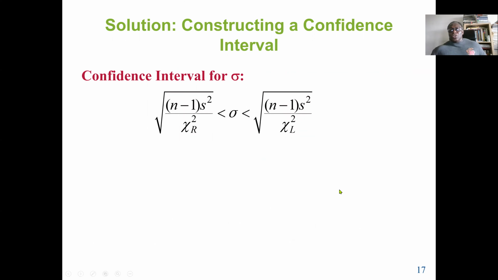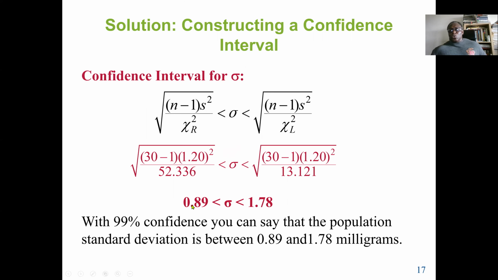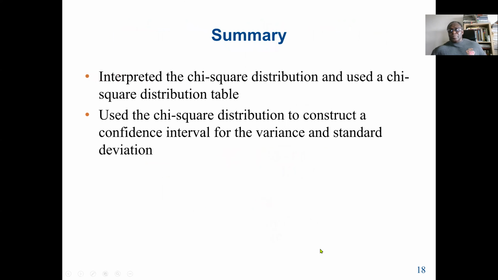Now, if we know the variance, then the standard deviation will be the square root of the values. So we just take the square root of the values. We have this answer, 0.89 and 1.78. So here again, 99% confidence that the population standard deviation is between 0.89 and 1.78.